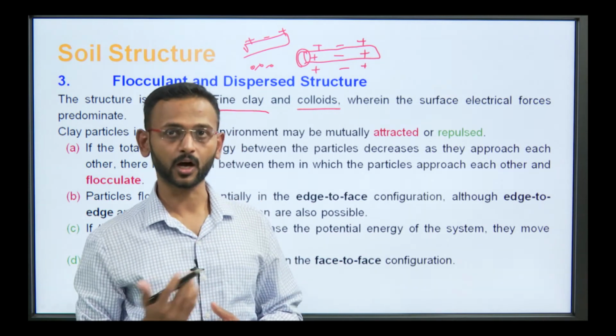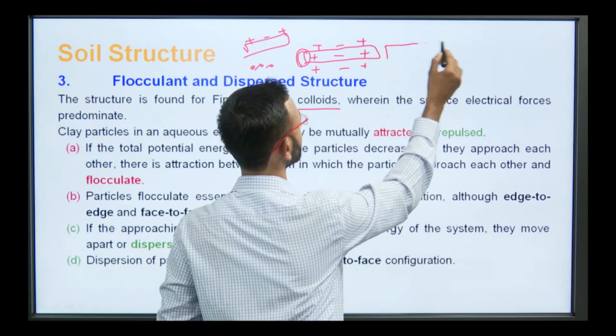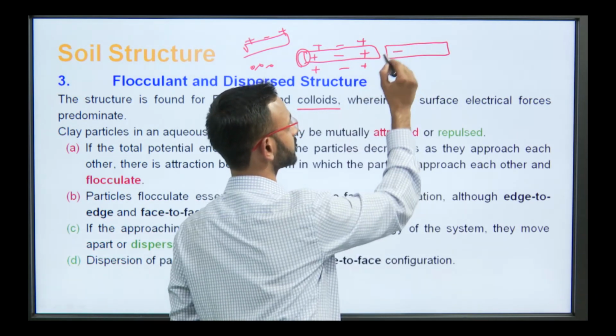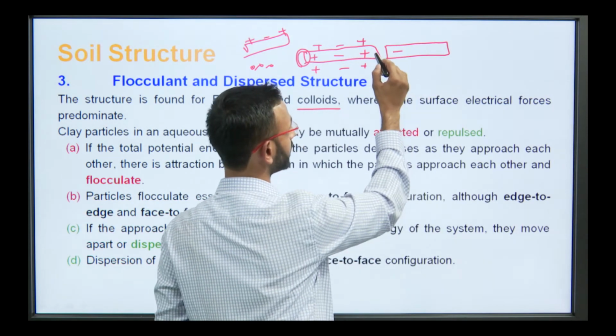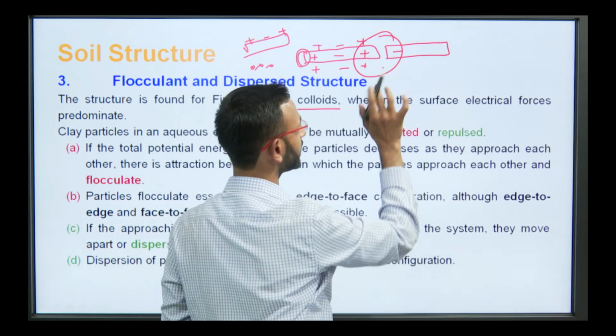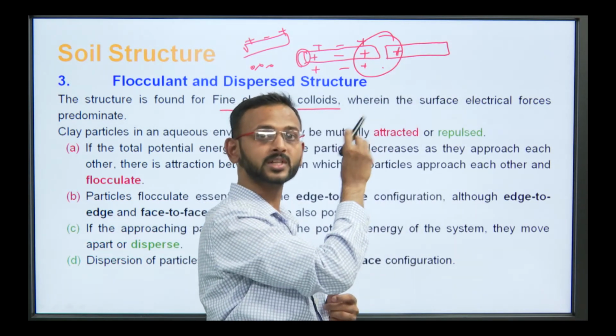So, we will be discussing how they interact. If another particle comes here, and this particle contains a minus charge, it will be attracted, but in case it were plus, it would have repulsed it.